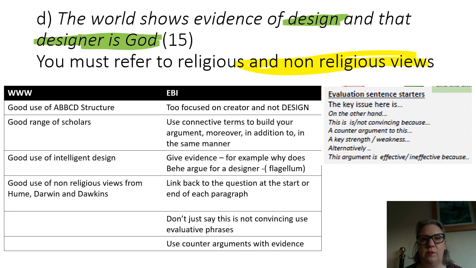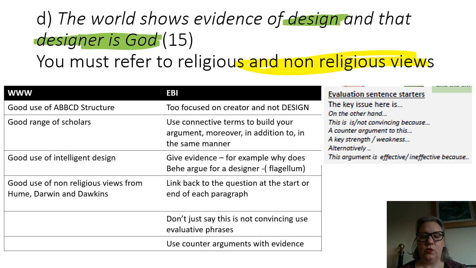A few of you spoke about intelligent design, but you didn't speak about the evidence they would use. For example, the structure of the flagellum and how that couldn't, according to intelligent design theorists, be any simpler. Now, it might be that you didn't think that evidence was convincing, but include the evidence and then criticise it.